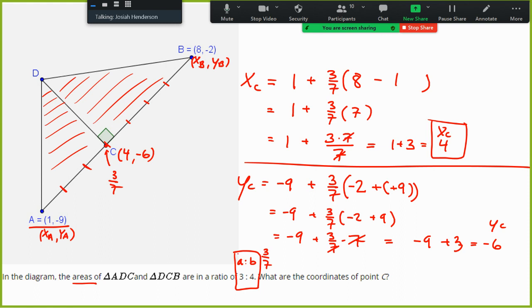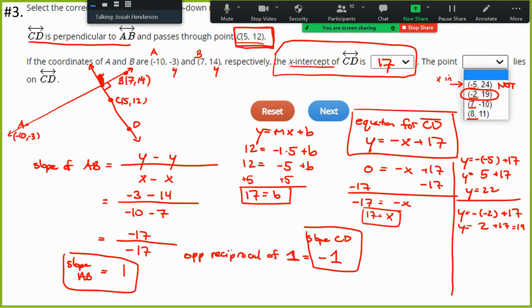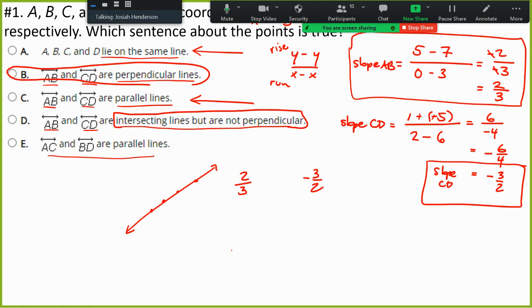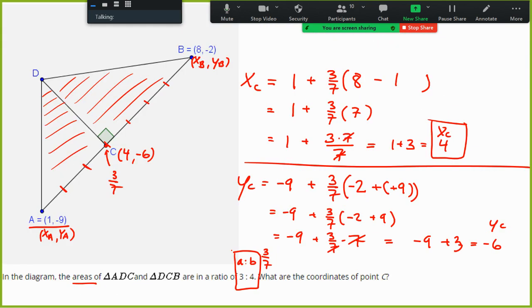So there's not too much thinking that we need to do, or as much thinking as the previous questions, where there's a lot of concepts in the parallel perpendicular problems. Here, we're basically just plugging and chugging, putting in the numbers into the formulas and simplifying.